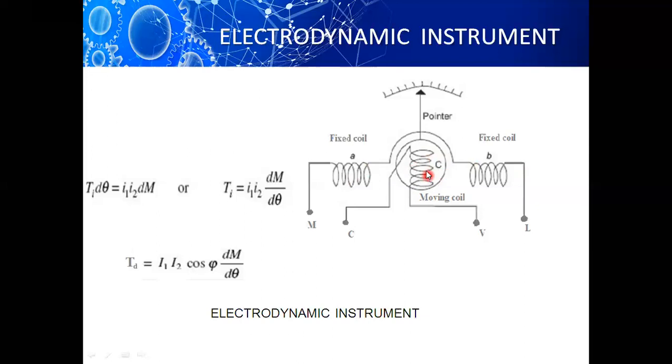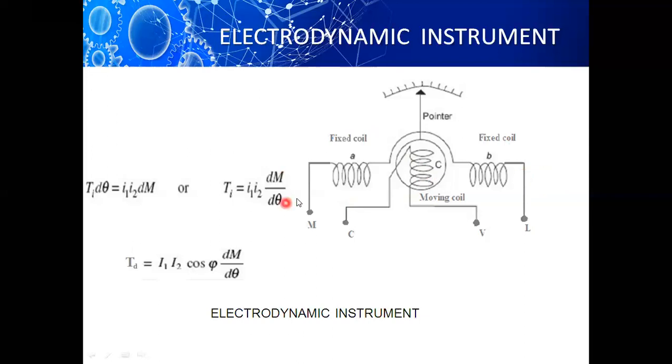So we'll have a shaft, a spindle, placed here, on which the moving coil is attached. And we have already seen that this fixed coil is connected in series with the other fixed coil, and we have a moving coil. If you want to increase the rating of the machine, fixed coils may also be connected in parallel.